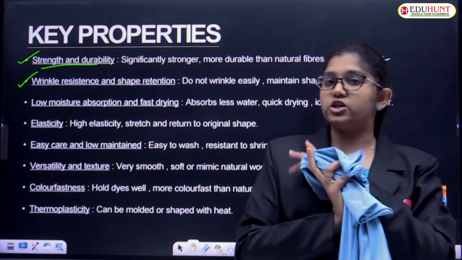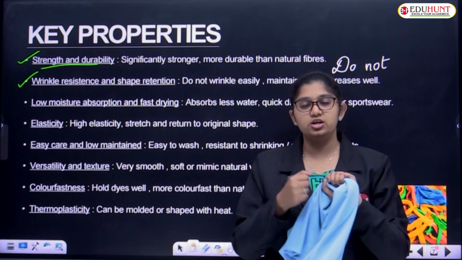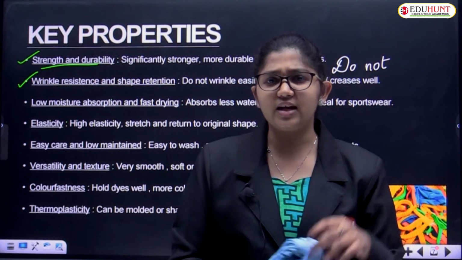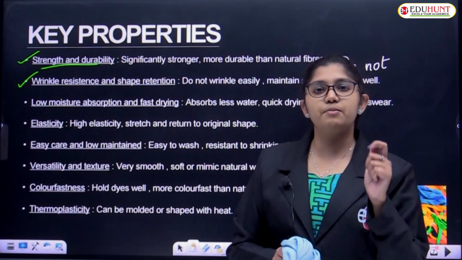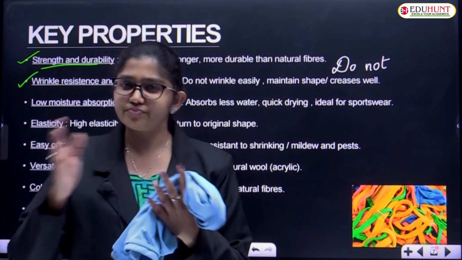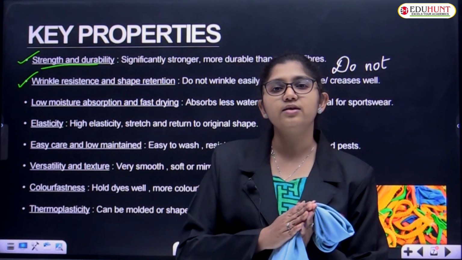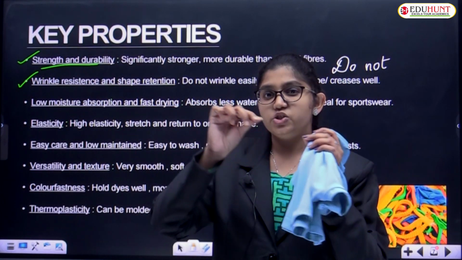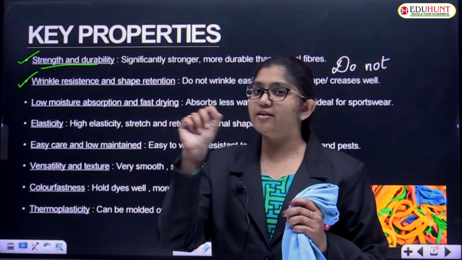But if you take natural fabric and do such folding, it will fold easily. For example, cotton clothes, if you use them daily in the summer season and fold them into 2, 3 or 4 folds, what happens? The shape will change and you can see a line also.